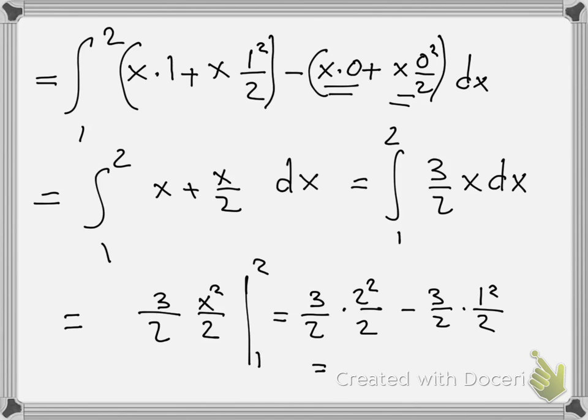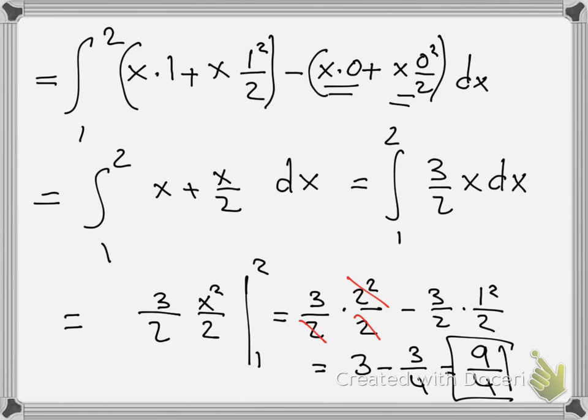So that will be, of course, here 4 over 4 cancel out, so this is just 3. And so that will be 3 minus, and here that will be 3 over 4. Right? So that will be 12 over 4 minus 3 over 4. So that's 9 over 4.